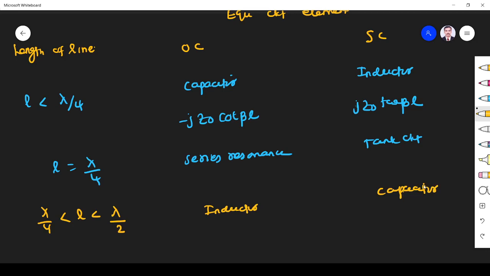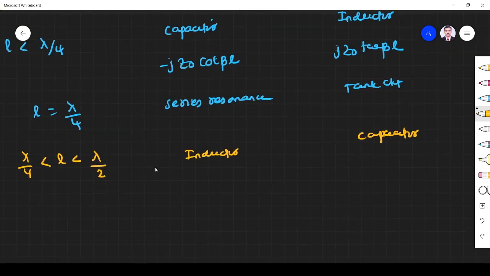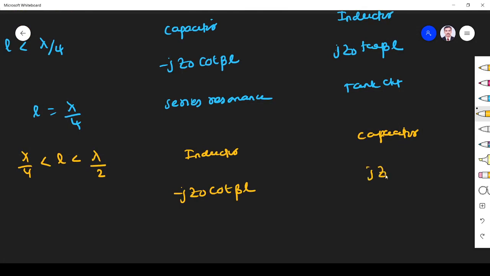Here our impedance is again minus jZ0 cot beta L for open circuit, and jZ0 tan beta L for short circuit. When L is equal to lambda by 2, open circuit acts as a tank circuit and the short circuit acts as a series resonance circuit.